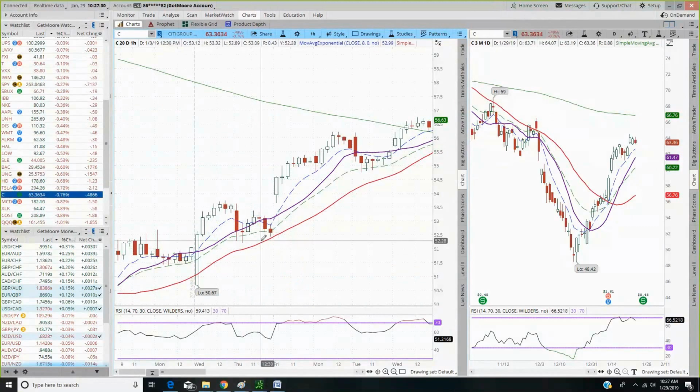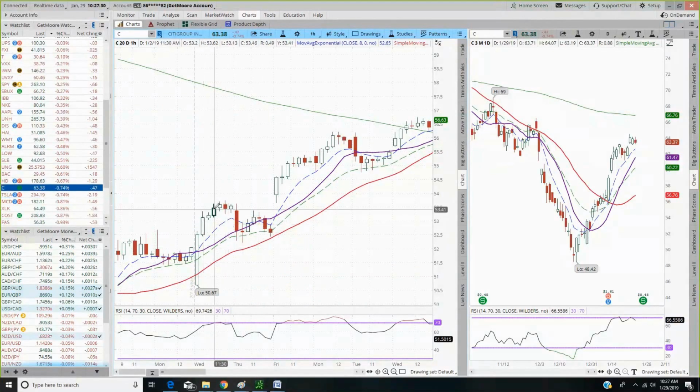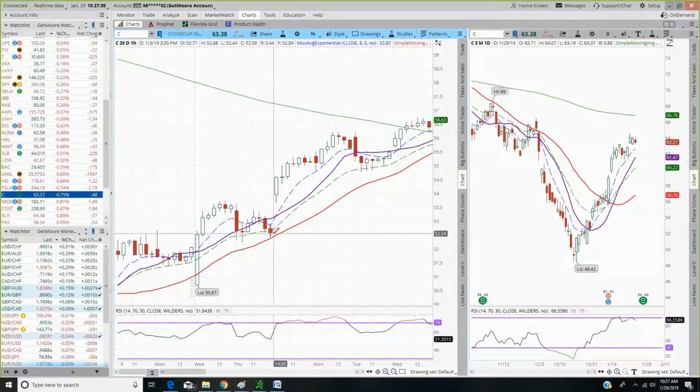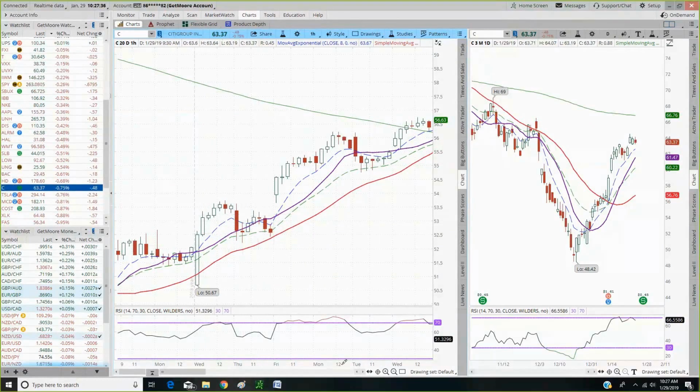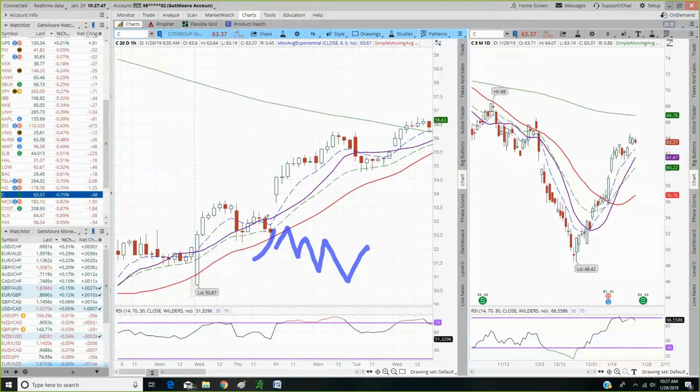So it pulls back, then you can say, okay, it pulled back, it's testing it, now I'm expecting it to go up. See, when we do the credit spread, as soon as it crosses, we can go ahead and sell it, because again, it might go like this. But for the debit vertical spread, we want it to move a little bit faster. So we want a little bit more confirmation.